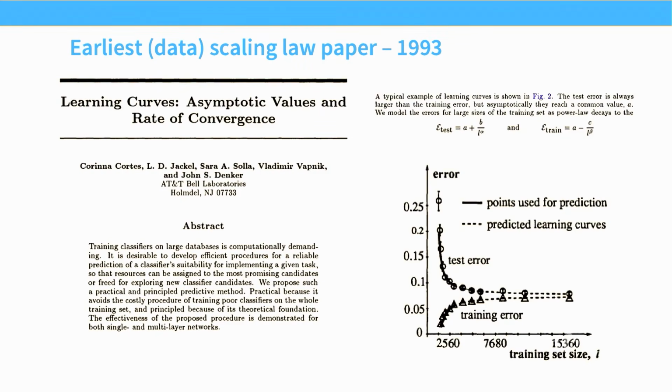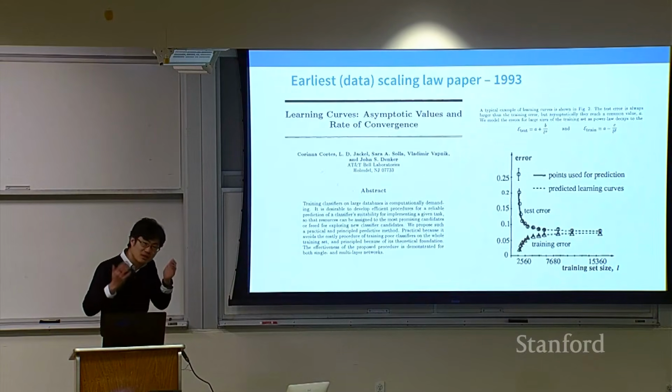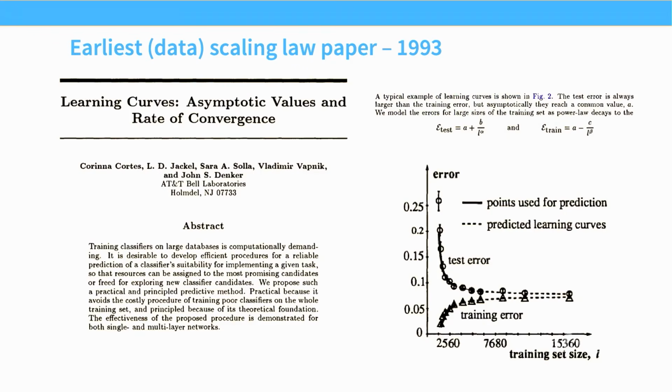We would like to avoid doing that, and to do so, maybe we can just fit classifiers on a smaller sample, fit a curve to how their error rates decay, and use that to estimate their performance, right? That's almost literally a data scaling law back in 1993. So this idea of thinking about how your model's performance changes as a function of data set size is just a very classical one.